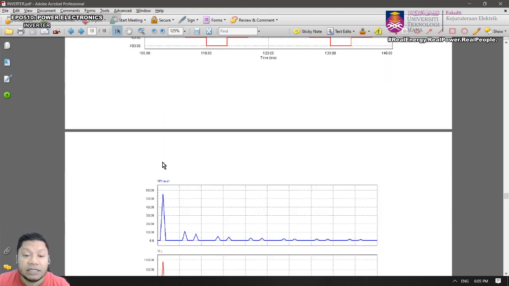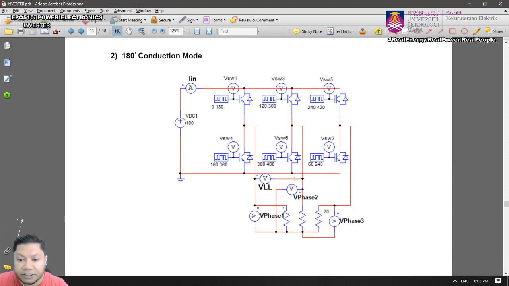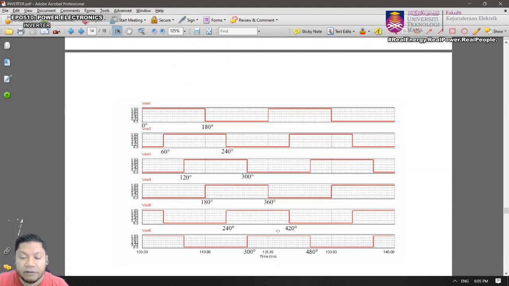Okay, so now let's move to 180 degree conduction mode. Again, the 180 degree conduction mode tells that each of the switches here will be operated for 180 degrees. So again, the same circuit connection, but the difference is the control signals for each switch.